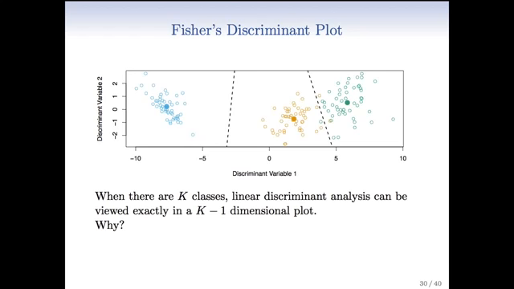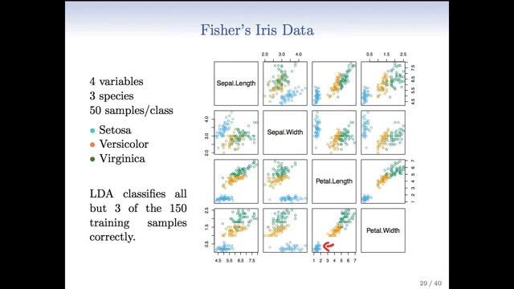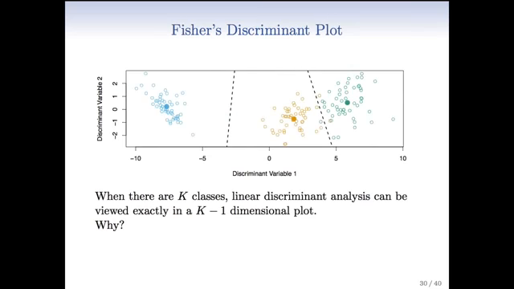Importantly, what comes with discriminant analysis is a nice plot. Right? In this previous picture, there's 4 variables, so we showed a scatterplot matrix of each variable against the rest. But it turns out that there's a single plot that captures the classification information for all of these variables. And here it is.